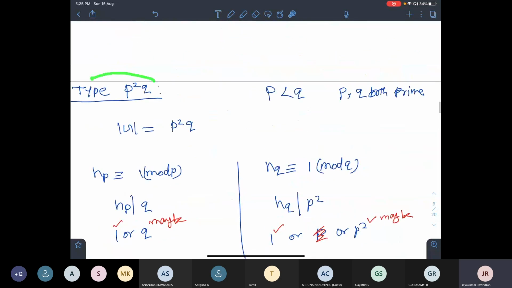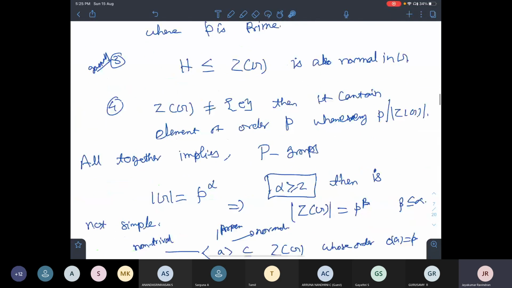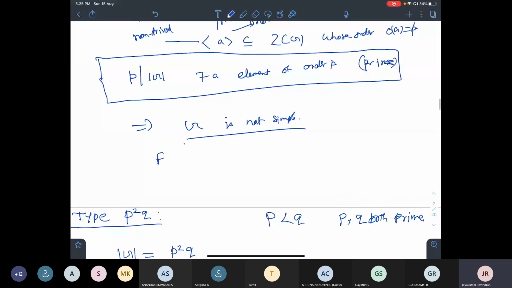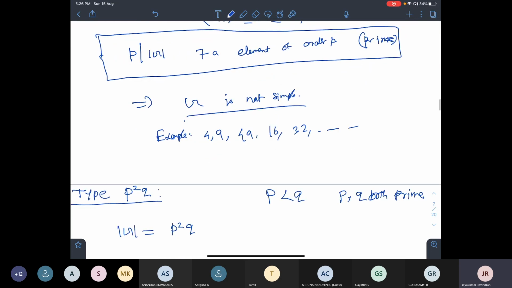Let me go through it. I want to consider p squared q. For example, let me give examples of p-powers: 4, 9, 49, 16, 32.